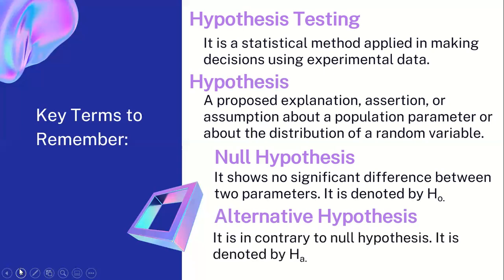Usually it is denoted by H sub A. So if your null hypothesis is there is no significant difference between the heights of male and female senior high school students of Quezon National High School, if you will state that using the alternative hypothesis, you may use three ways. One, of course, the main purpose is to show that there is a difference between the heights of male and female students.